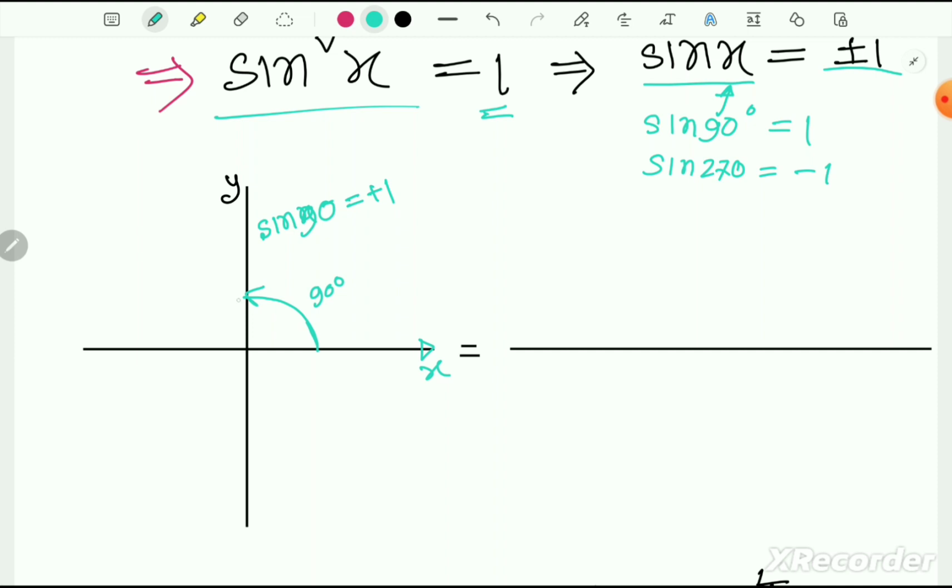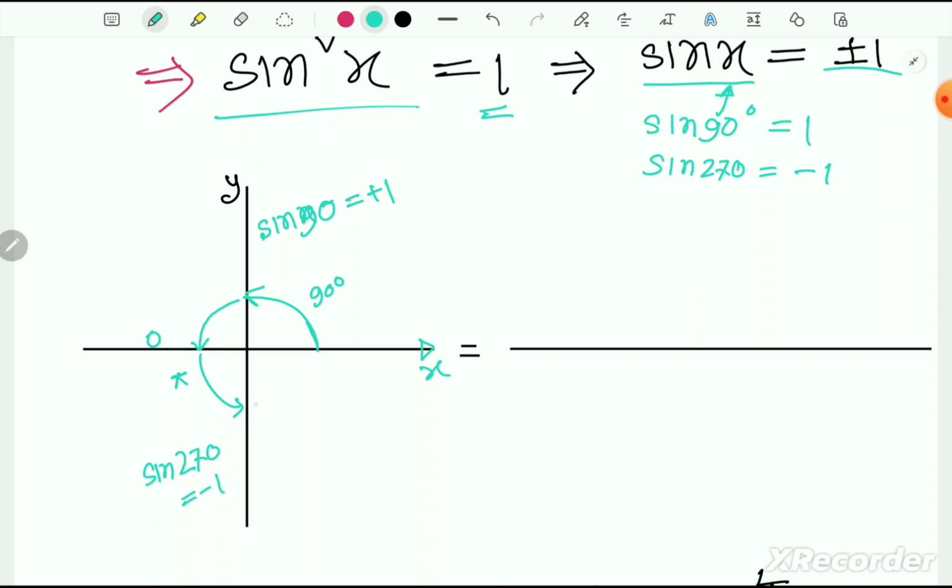If we increase the angle, then for 180 it becomes 0. If we rotate anti-clockwise, 270 degree in total, or we can say 90 degree plus pi, then sine 270 gives us negative 1.